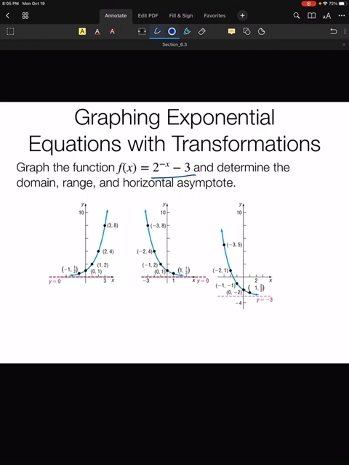Graphing the function isn't going to be too bad because I actually have the graphs here so that we can look at it. The domain and range shouldn't be so challenging, but this horizontal asymptote business we haven't really done before, so we have to take special care in doing that. But first, we want to graph the function, and that I've made easy here.